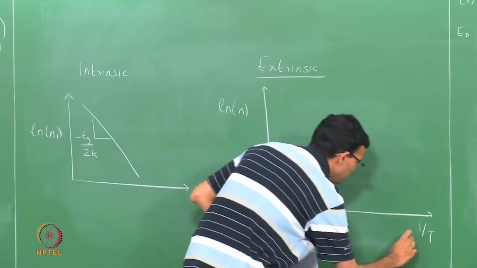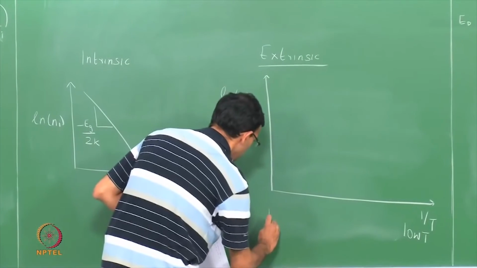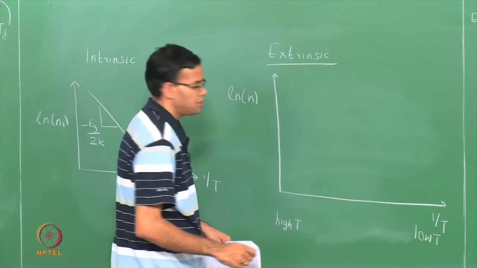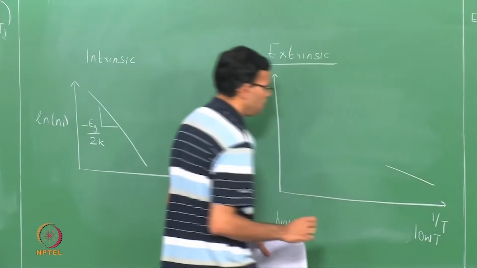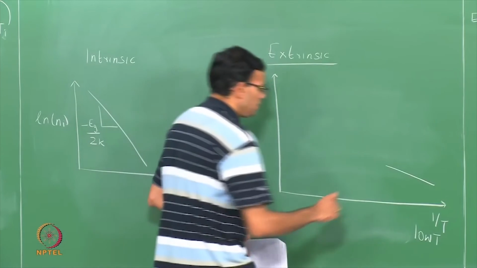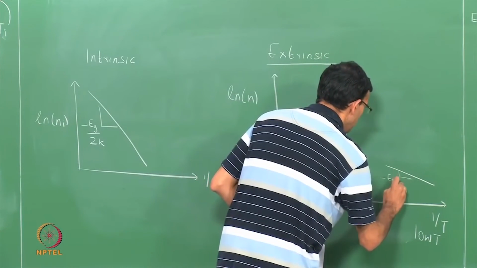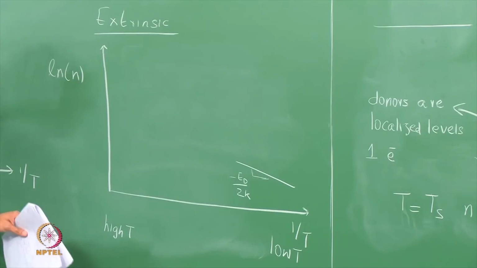In this particular case, since this is 1 over T, this is low temperature, this is high temperature. So, at low temperature you have electrons coming from your donor level. So, you have a straight line with a slope that is given by your donor ionization.